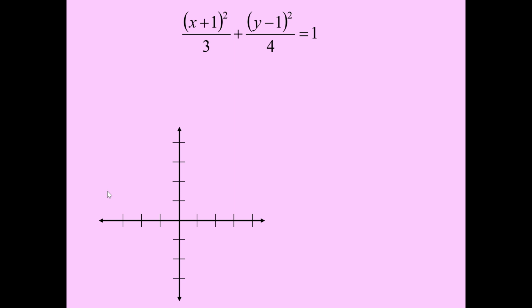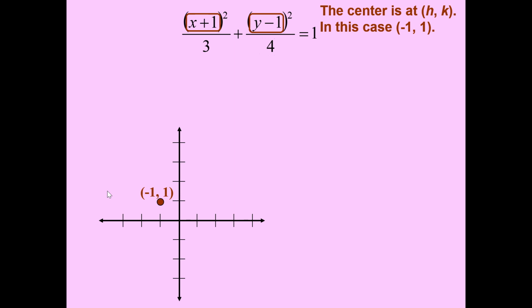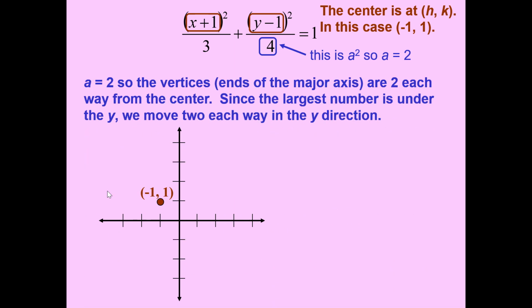In this case, looking at it, you can see where our center is going to be, negative 1 and 1. Our major axis, a is larger, so that's our a. a is 2. So we have our center, so we can go up 2 and down 2.